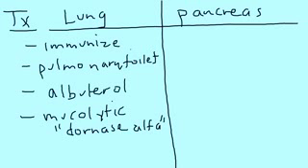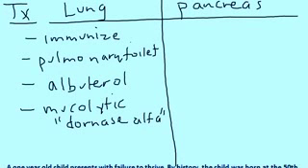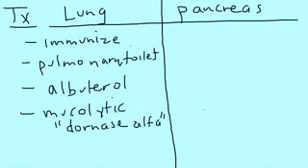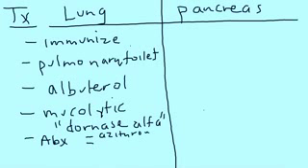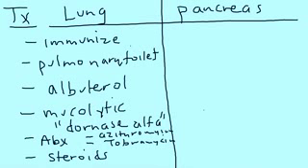The next thing that you give as part of the treatment is antibiotics, and in particular there are two: azithromycin and tobramycin. By far the two most common in cystic fibrosis. And finally, steroids. Steroids are a big component of the treatment because they decrease the inflammation that can occur in the lung.